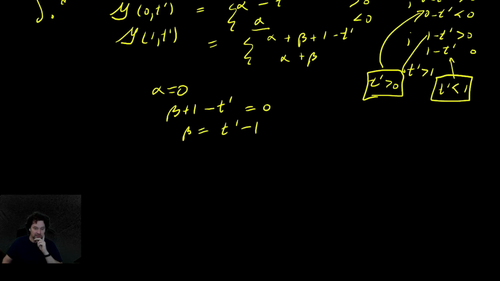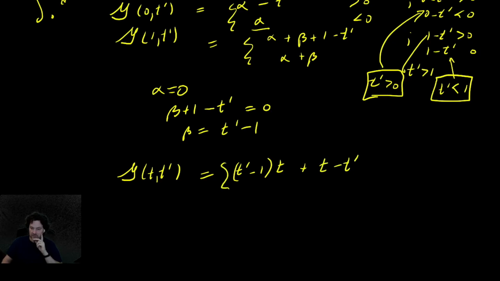We can now plug that in. So we get g of t, t prime equals 0 plus (t prime minus 1) t plus t minus t prime for t minus t prime greater than 0, and then we have (t prime minus 1) t for t minus t prime less than 0.